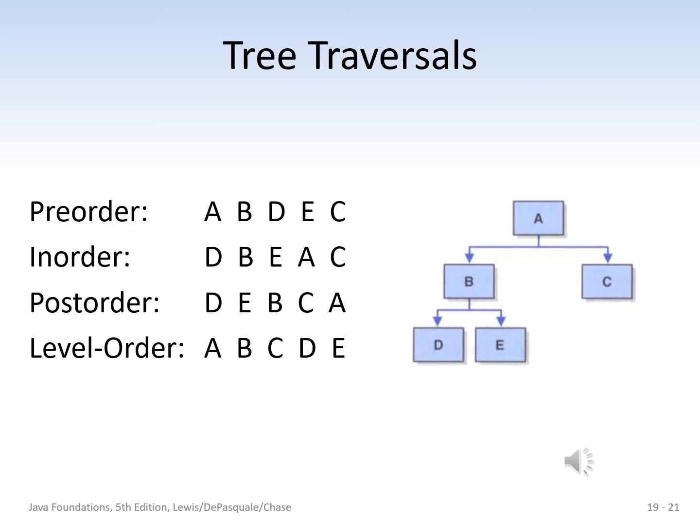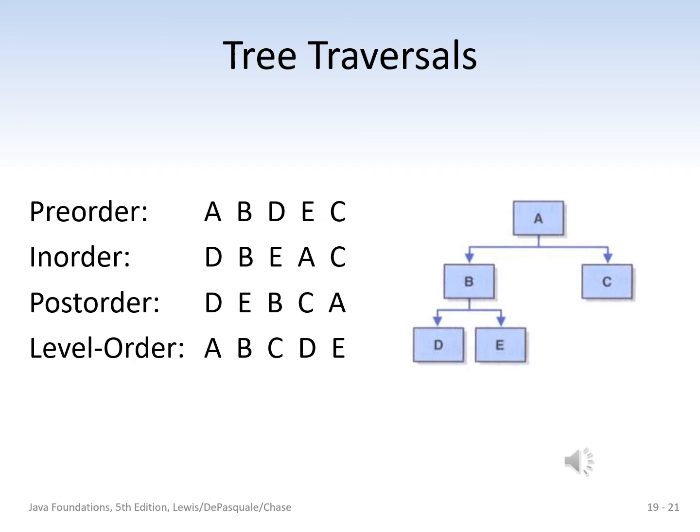The order of the traversal would be A, B, D, E, and then C. In order traverses the left subtree, then visits the root, then traverses the right subtree. So in order would be D, B, E, A, then C.